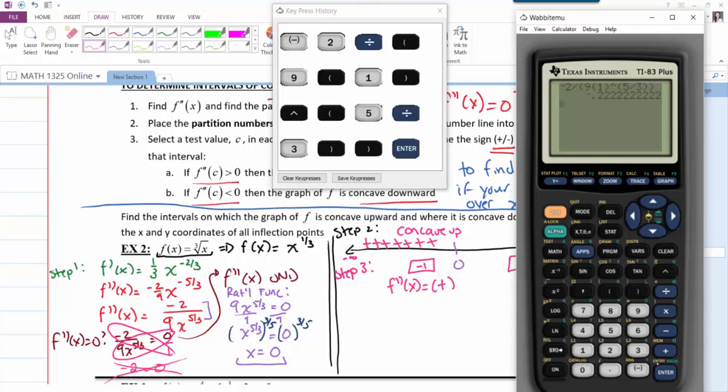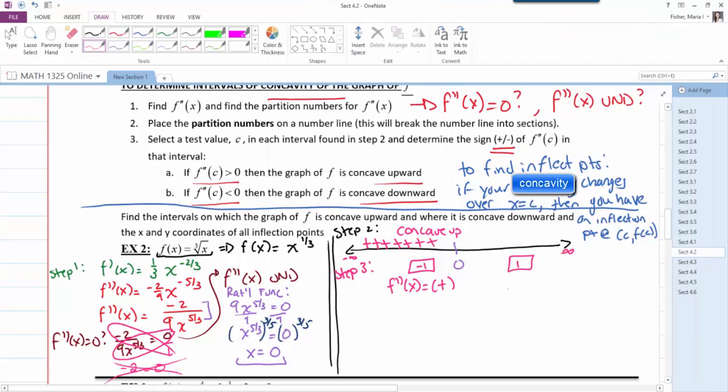And I end up with negative 0.222, which means f double prime of positive 1 is equal to something that's negative, which means that in this interval everything's negative, so I am concave down.